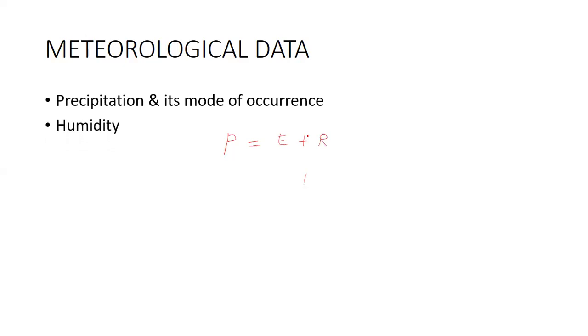The second most important data is humidity. Whenever a lot of heat is received on Earth due to the sun and its radiation, the water available in different water bodies starts to evaporate and becomes what we call vapor in the atmosphere.